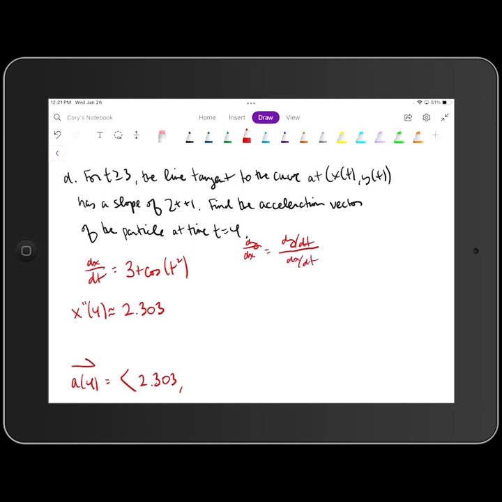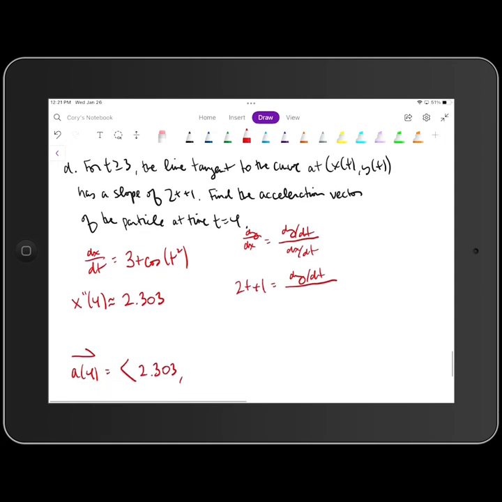We know that the slope dy dx is 2t plus 1. We don't know what dy dt is. We do know what dx dt is. So dx dt we said was 3 plus the cosine of t squared.